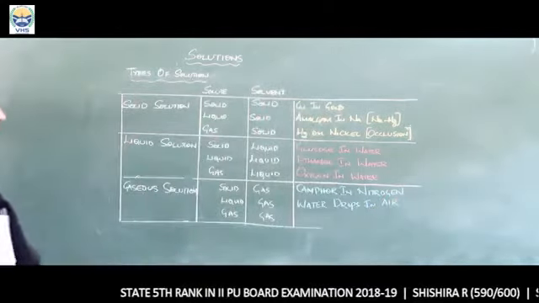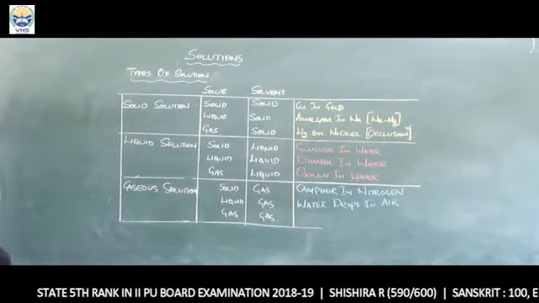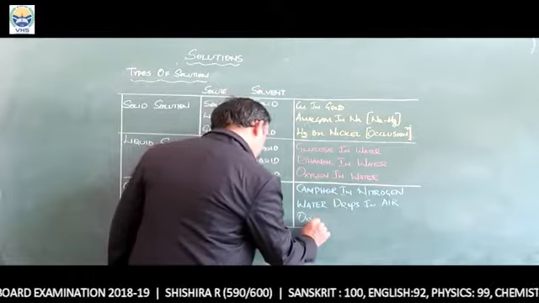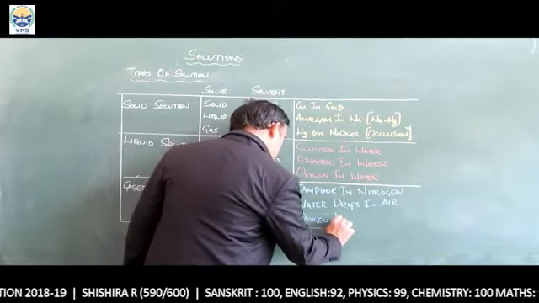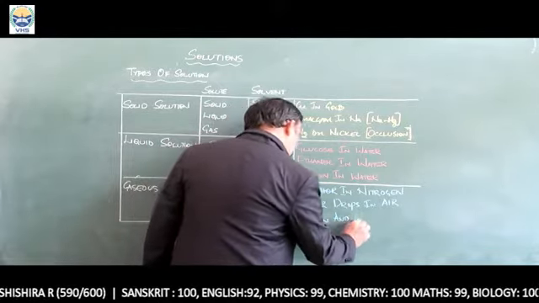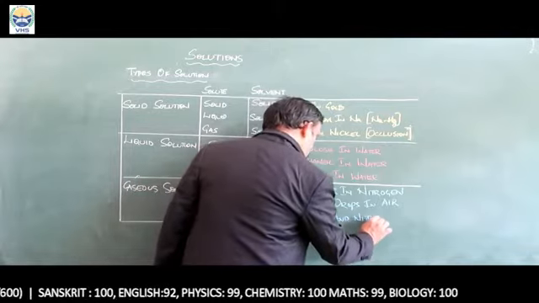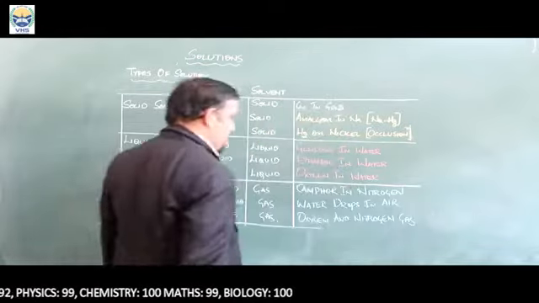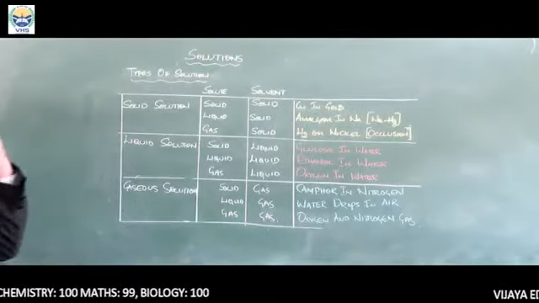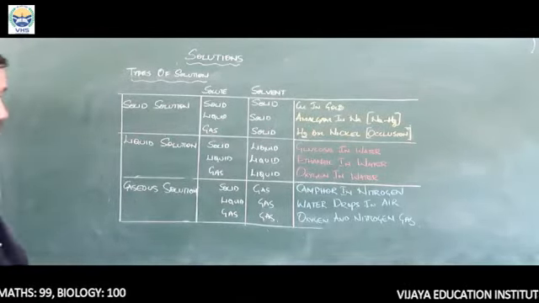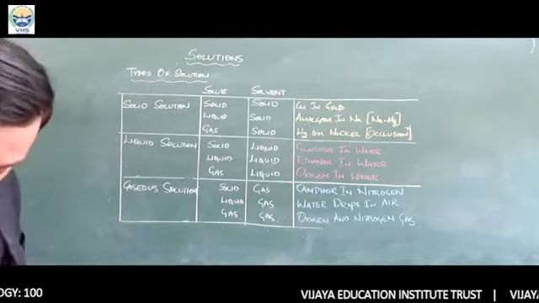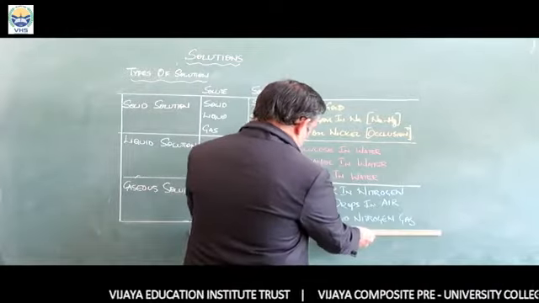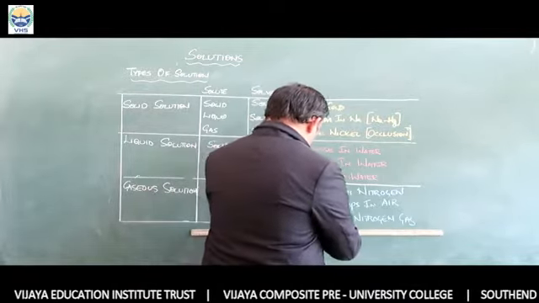Water drops in air is an example. Same with gas in gas, you can consider any example, oxygen and nitrogen. Yes, fine. So I told you people there will be 9 examples, 9 different types based on their physical state.